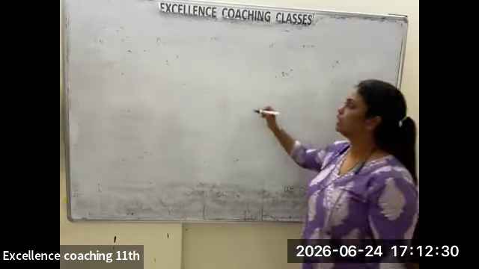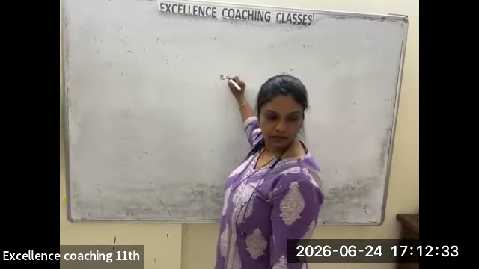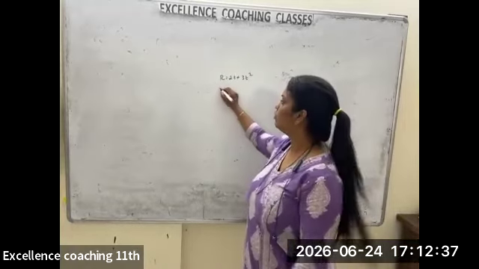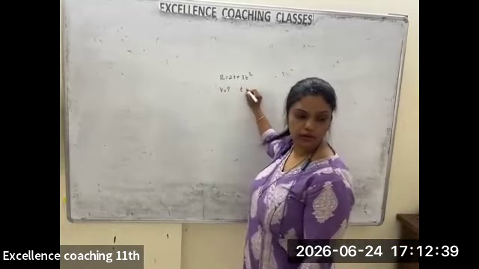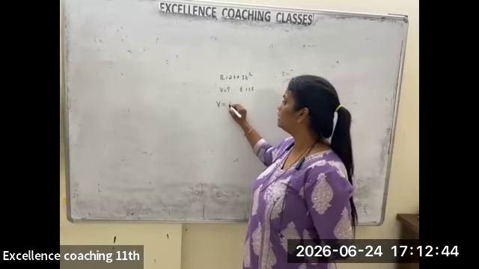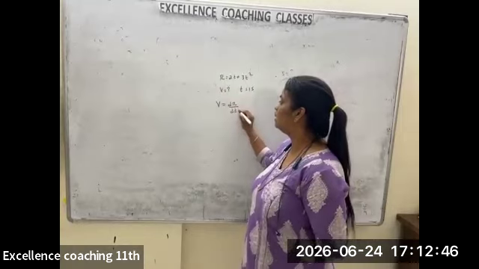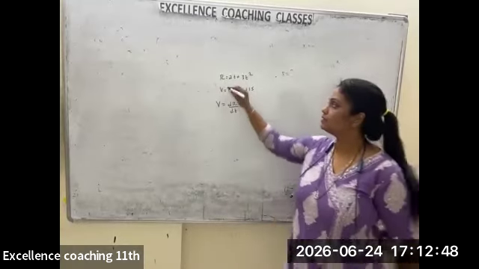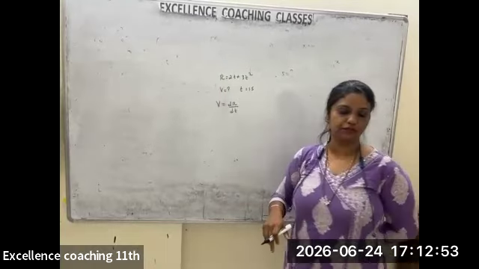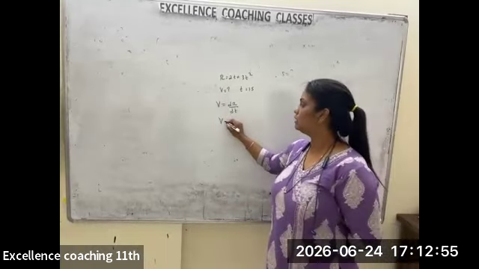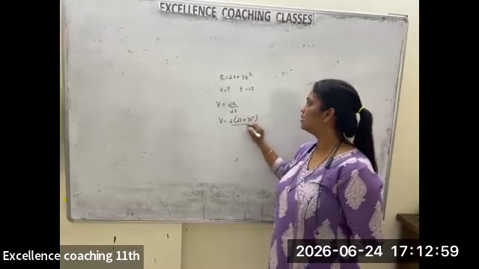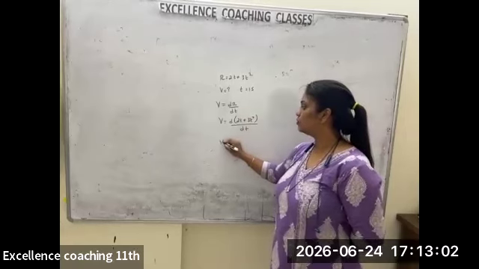So your r is given as 2t plus 3t square. You have to find out velocity at t equal to 1 second. Options are given to you. For velocity, you have to differentiate your r equation. Whether x, r, y, whatever is given, that alphabet you have to put here. So your velocity will be d of 2t plus 3t square upon dt.